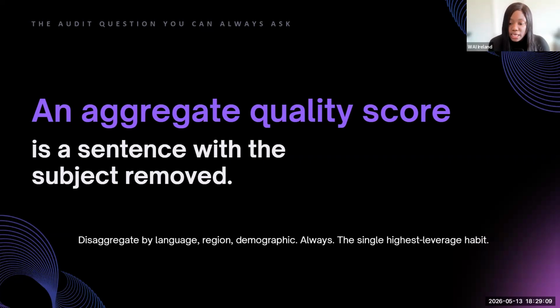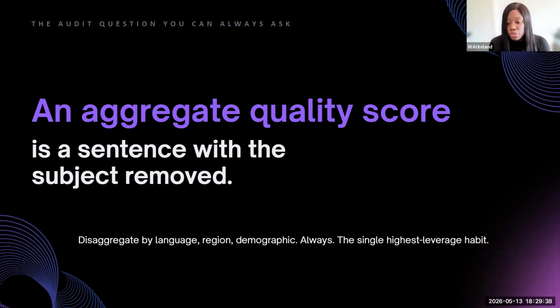We could say things like it's 85% accurate, or it's scored highly on a benchmark, right? Or, generally the user satisfaction is very good, right? These are all sentences with the subject removed, right? And so if we say, for instance, 85% accurate, that accuracy metric is for who, right? Aggregate numbers like those are kind of dangerous because they are designed to hide the edge cases.